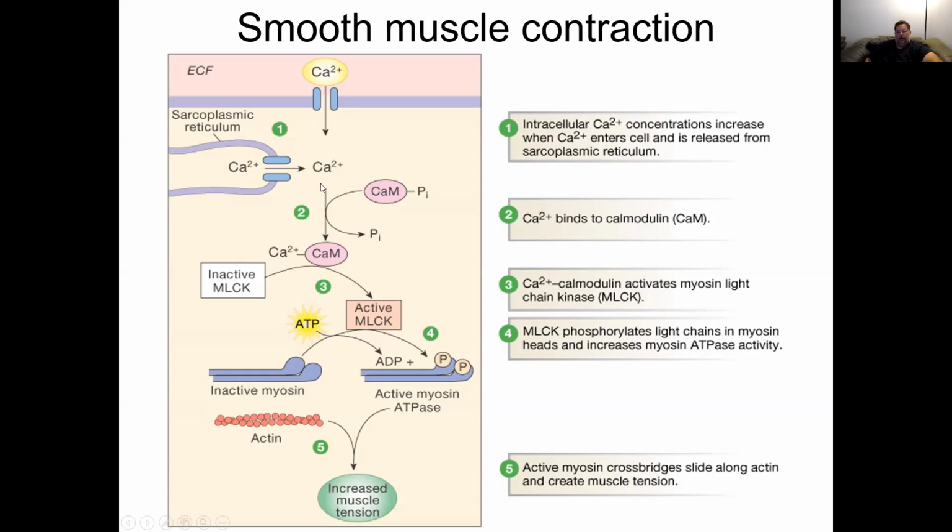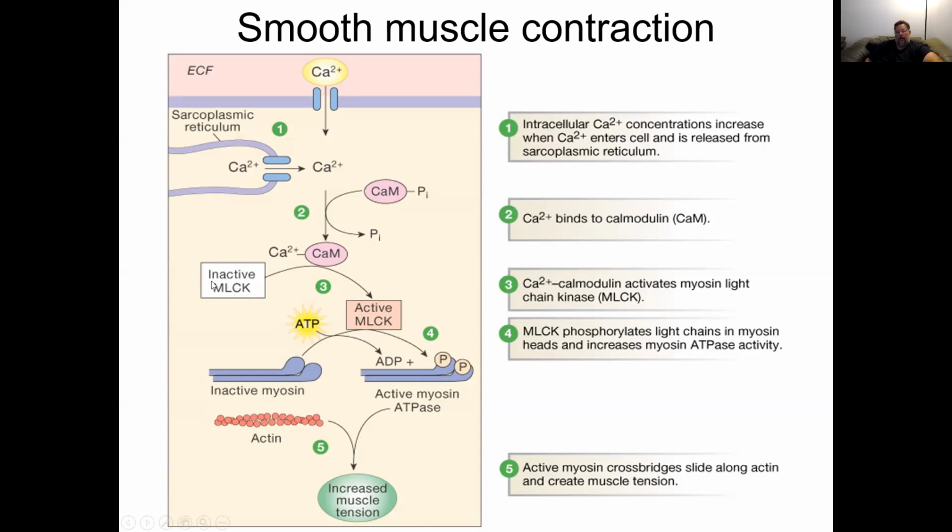And then in this diagram, you see that this is a protein, calmodulin, as we discussed in the previous slides, where calcium comes along and by its attachment to calmodulin, it causes the release of a phosphate that will activate an inactive myosin light chain kinase.